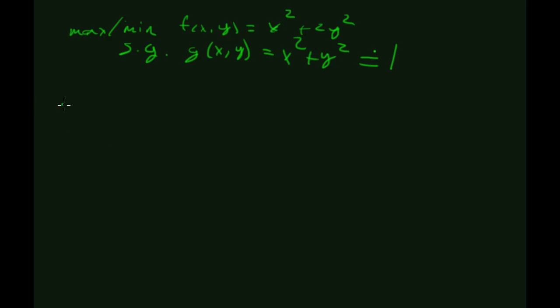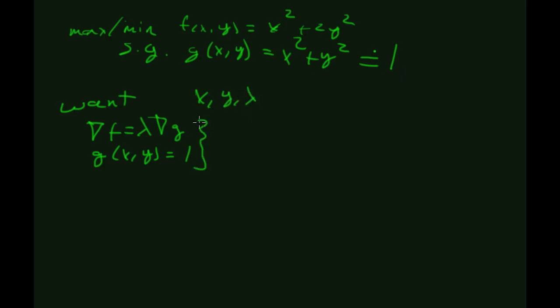Okay, so I want the situation where del f is equal to lambda del g, right? So del f is equal to lambda del g, and g of x, y is equal to 1. So I need the x, y, and lambda that make this true. We already found the gradient for f, so that's just 2x and 4y.